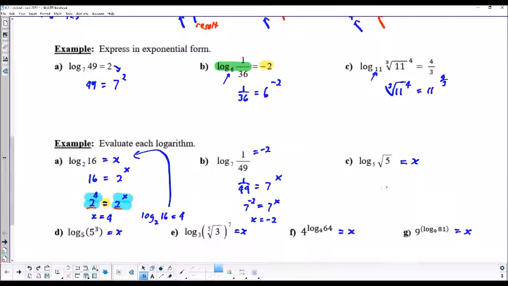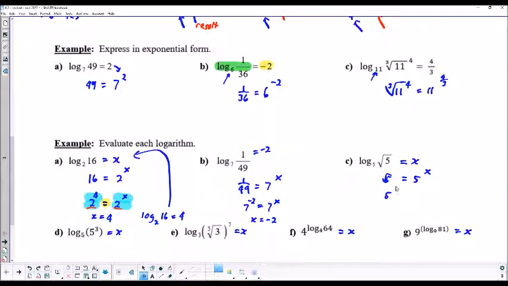All right, take a look at this one. Maybe pause the video, see how well things are going. I know here I got root 5 as the result. The base is 5. The exponent is x. How do I write the root of 5 as a power with base 5?